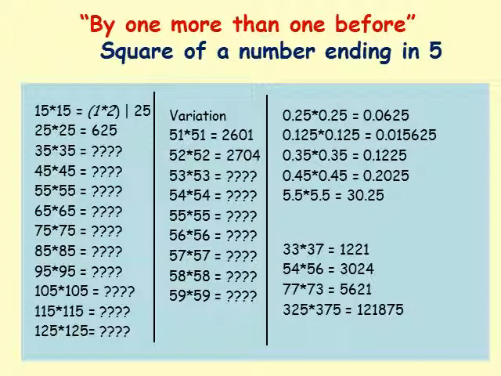We need 6 digits after the decimal in the result. This is 1/8, this is 1/8. So 1/8 times 1/8 is 1/64. So we just converted 1/64 to its decimal equivalent. Similarly, you can do 0.35 times 0.35 and 5.5 times 5.5.